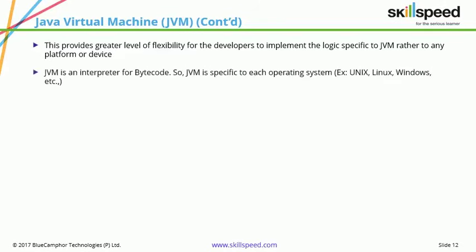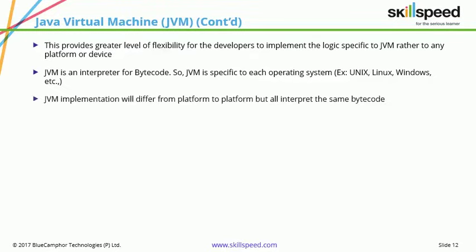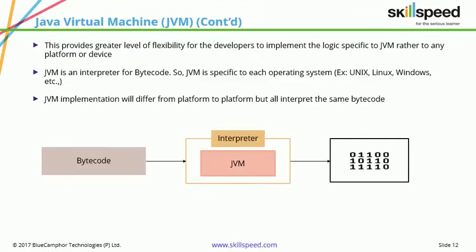As we already spoke, an interpreter converts each line into machine understandable language. So JVM here is the interpreter for the bytecode. The JVM has to be specific to each operating system, and the JVM implementation will be different for different platforms, depending on the interpretation it has to give for the bytecode.